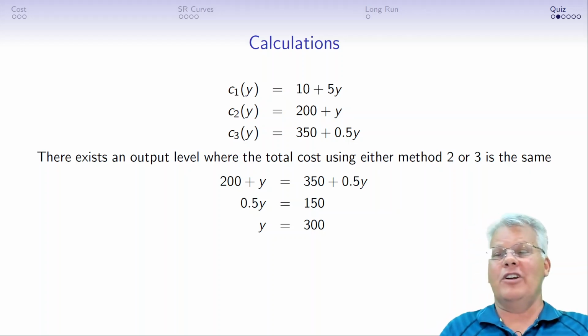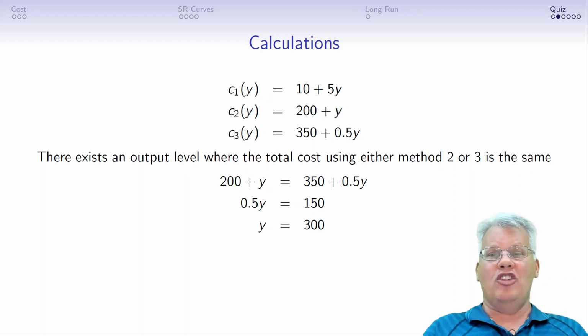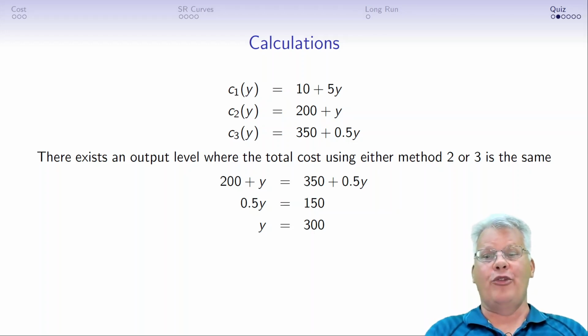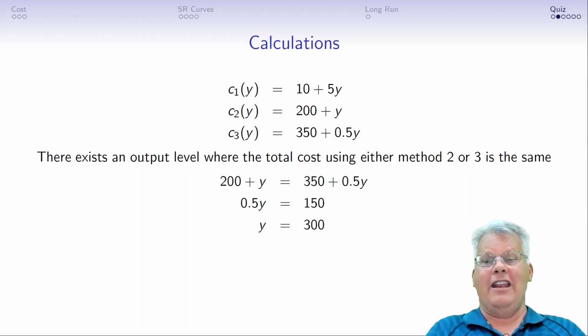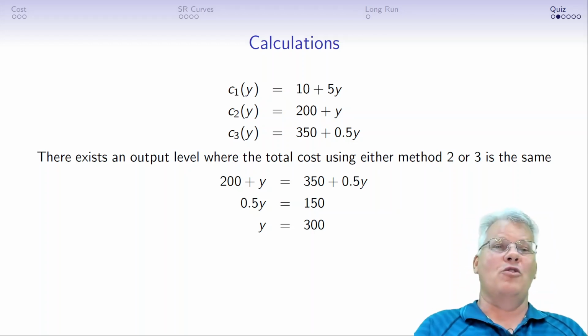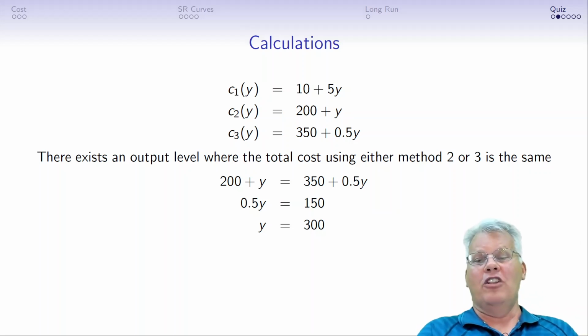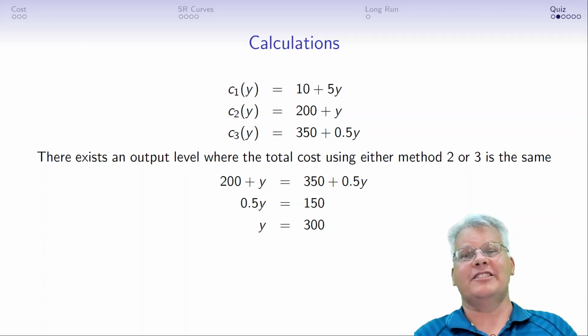So I claim there exists some output level where the total cost of using method 2 and method 3 are the same. Beyond that level of output, Rex wants to use method 3. So I simply set those 2 cost structures equal to each other and find that this is at 300 cars. So if Rex is disposing of 300 cars, his cost is the same. For any output level above 300, method 3 will have a lower total cost.